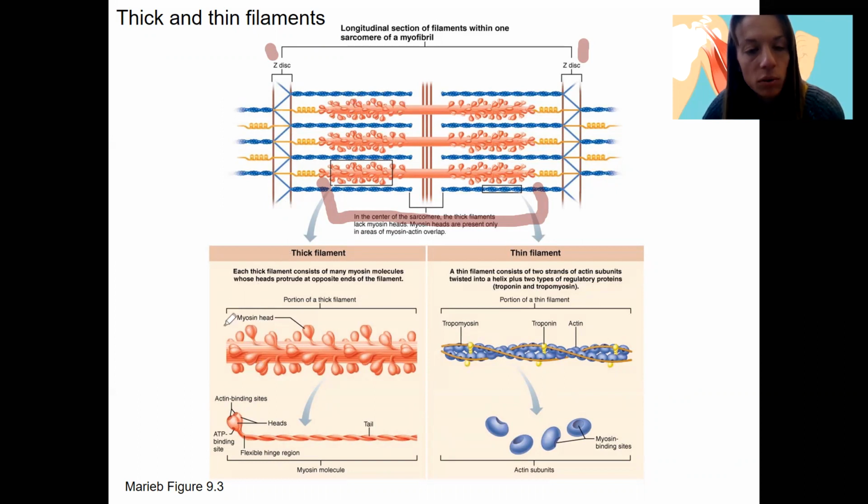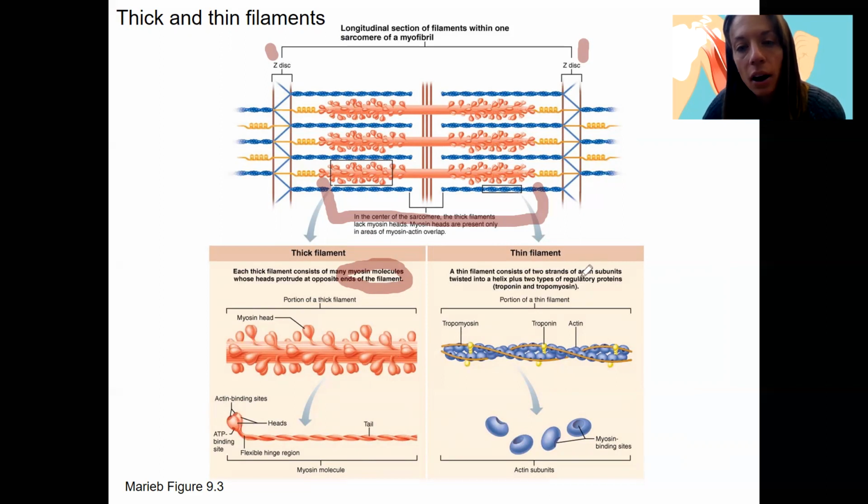The thick filaments over here, this is our myosin. So myosin molecules make up the thick filaments with these myosin heads. These myosin heads have actin binding sites. That's really important because they're going to bind to actin and allow it to pull actin along when we have contraction occur. ATP binding site will also be important for that.